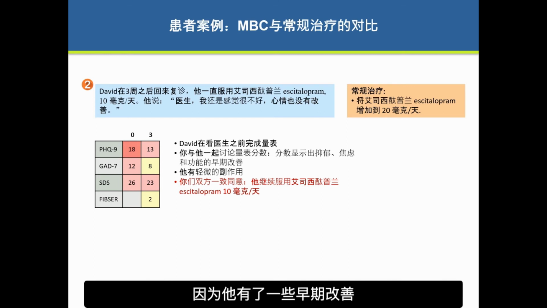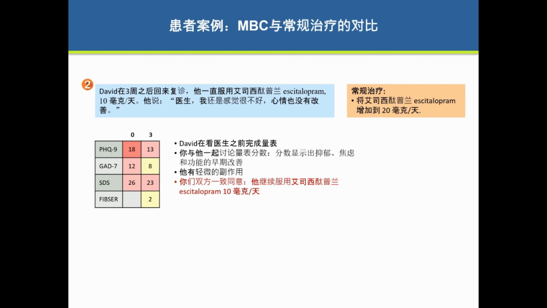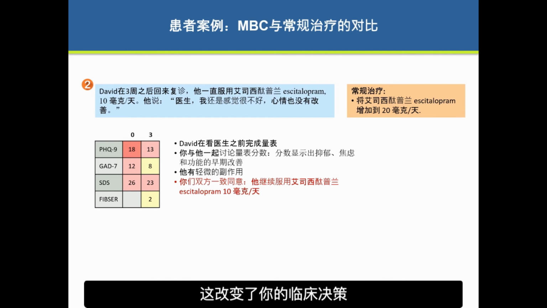So because he's showing some of this initial improvement, you decide with him that he should stay on the escitalopram 10 milligrams in order to see whether he has continued improvement, since this is the start of getting better. And so this changes your clinical decision making because it's clearer that he's actually shown some early improvement from his medication.